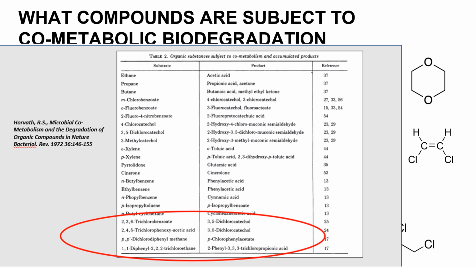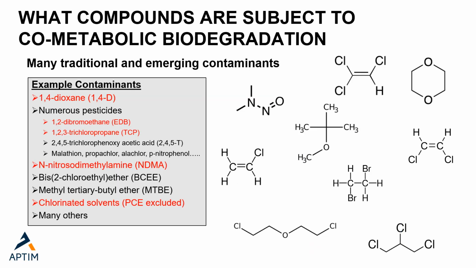But among these early studies, dating to the late 1960s, you start to see research on some pesticidal compounds, and this research shows that those compounds also were co-metabolized. And there was a lot of work that went on in the 70s and 80s, just showing the cometabolic biodegradation of different pesticide compounds.